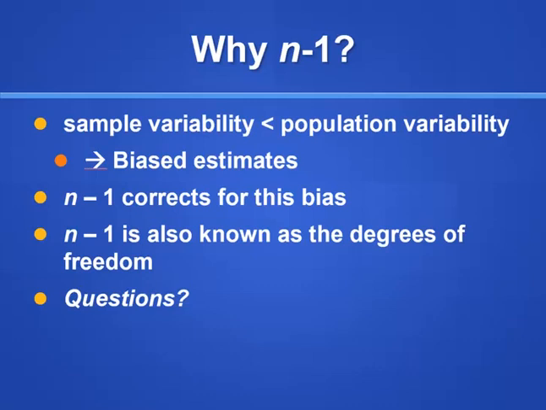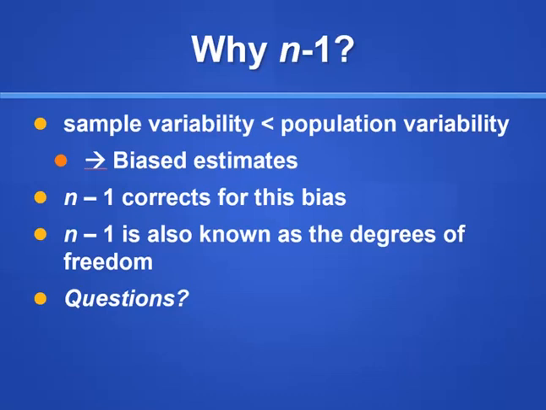So remember, with inferential statistics, we're trying to use a sample to draw conclusions about a population. Our sample variance and sample standard deviation are estimates of the variance and standard deviation for the population, right? So if we don't correct for this bias, it's a problem.